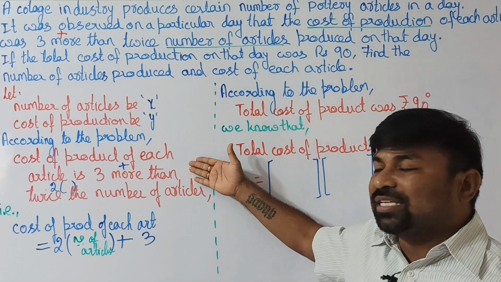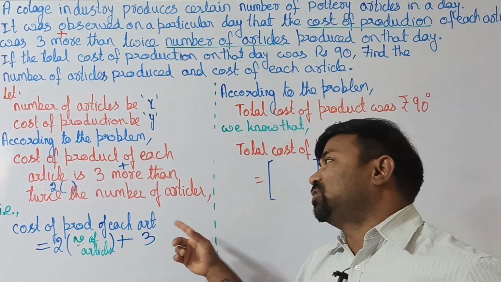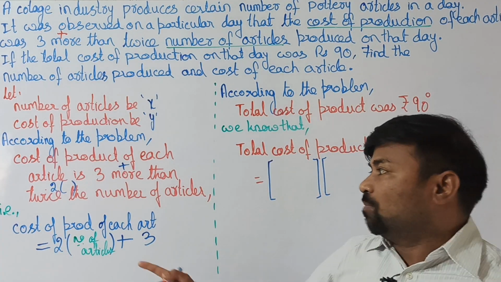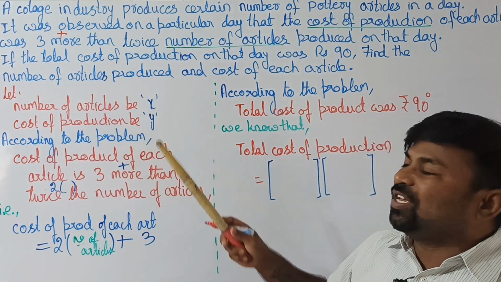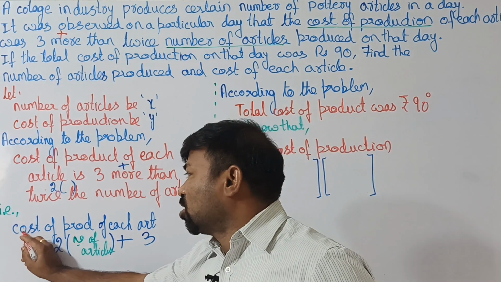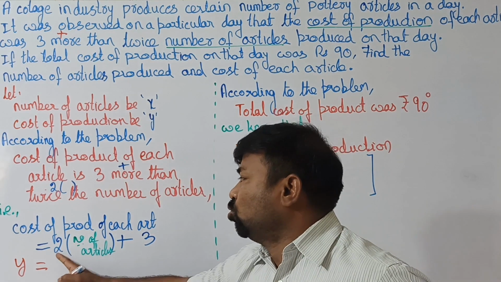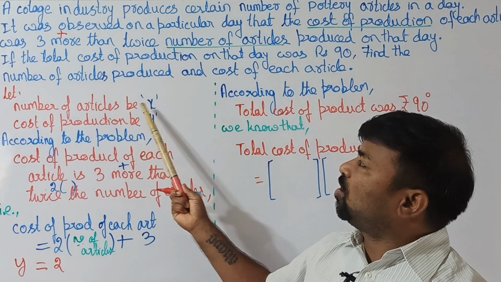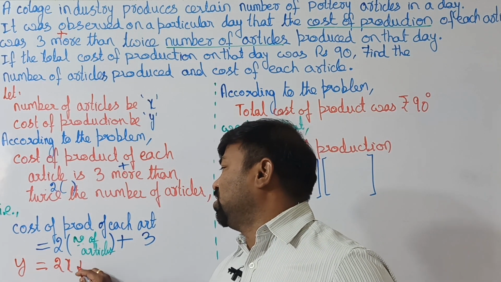Now after sentence and symbols, let's simplify it. Let's convert the symbols into a simplified form. What is the cost of production of each article? Y. Now cost of production y equals 2 times the number of articles, which we are calling x, plus 3.